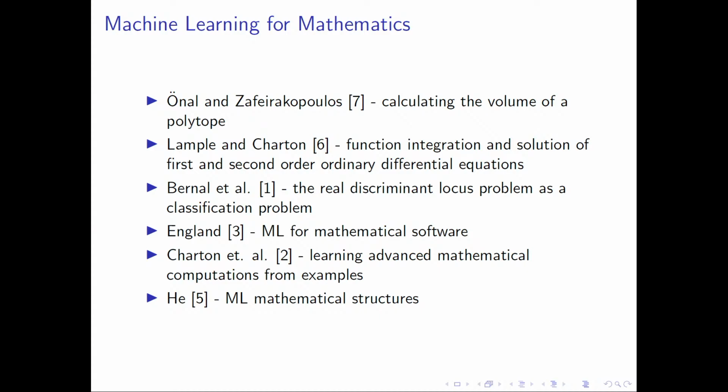And he notes there are really good and efficient studies in these areas. Okay, so we said that there are few and new studies in this area. So we want to contribute to the idea that machine learning can be used for solving mathematical problems.